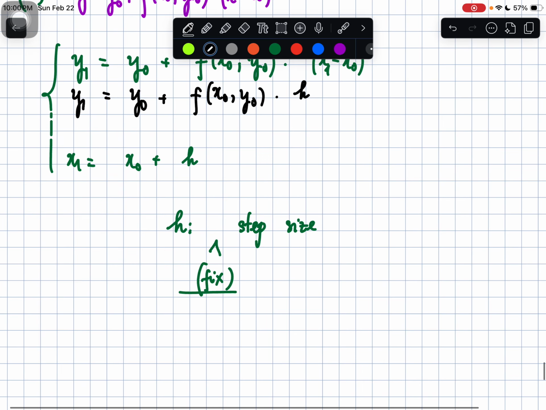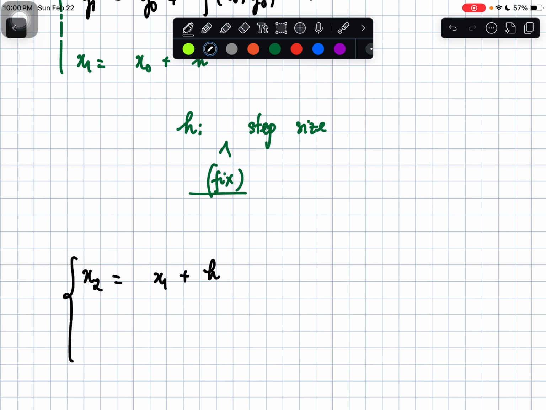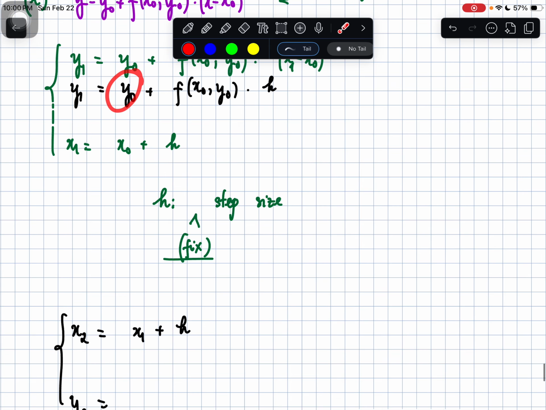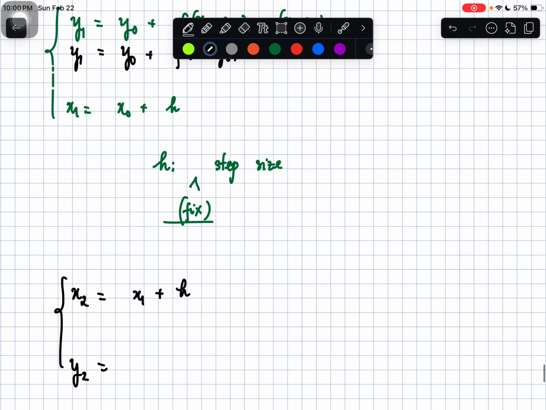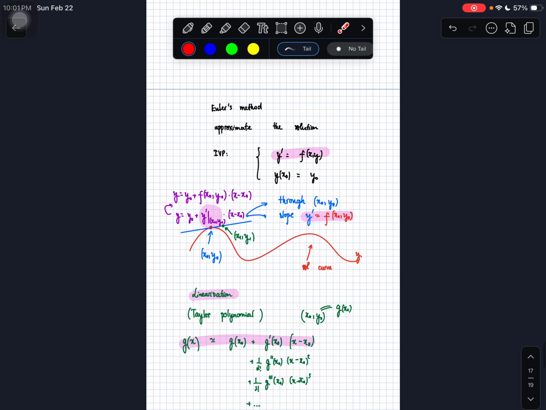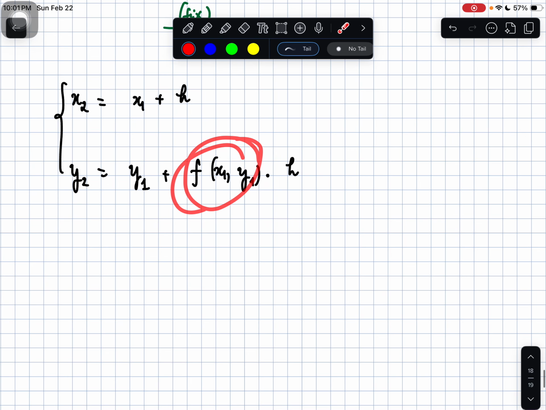The next point x2 will be x1 plus h, y2 is y1 plus f(x1, y1) times h. This is the slope given here, and you do similarly until you get x3, y3.